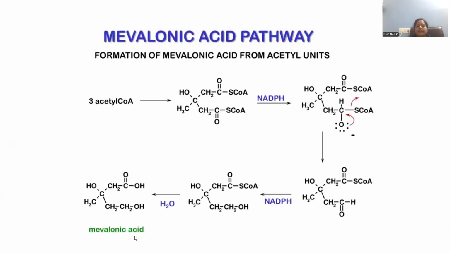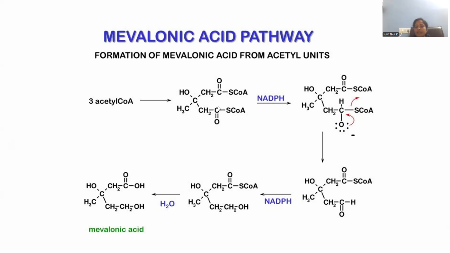Okay. This is the route map for mevalonic acid synthesis, because the mechanism proceeds with mevalonic acid. The starting material is acetyl coenzyme A. Later on, its chemical composition is provided. Later on, it goes for reduction. NADPH is the reducing agent.